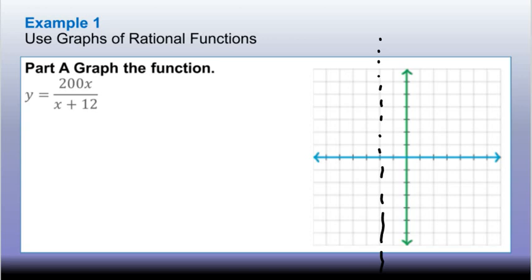So we're counting by, this is -6, -12, -18, and this would be -24 and so on. So 6, 12, 18, 24. And then our y's, we can count those by 100.